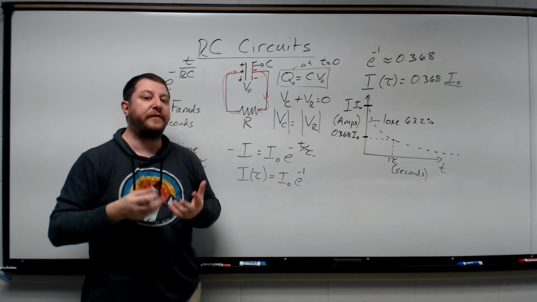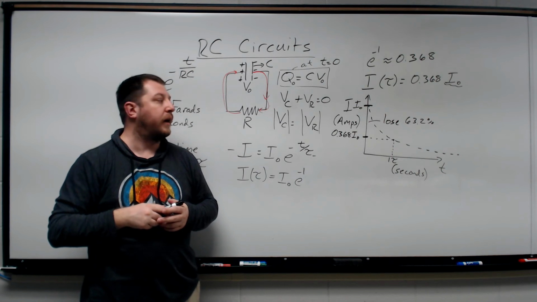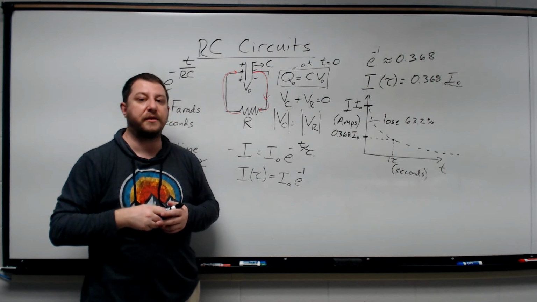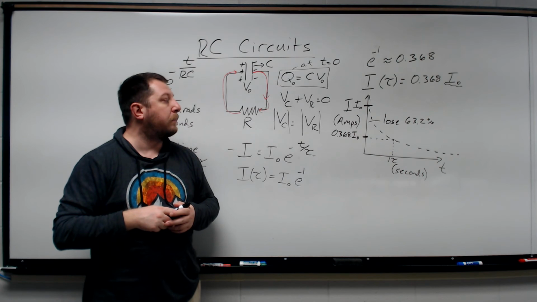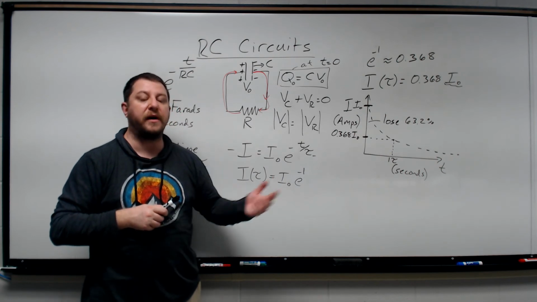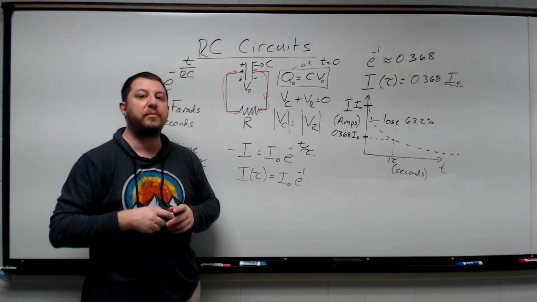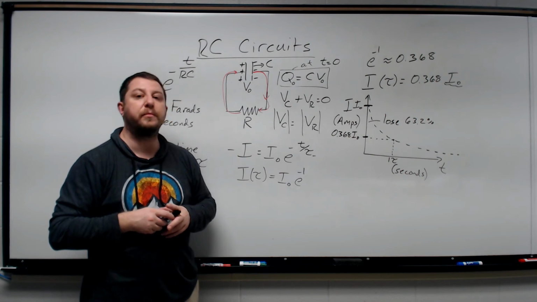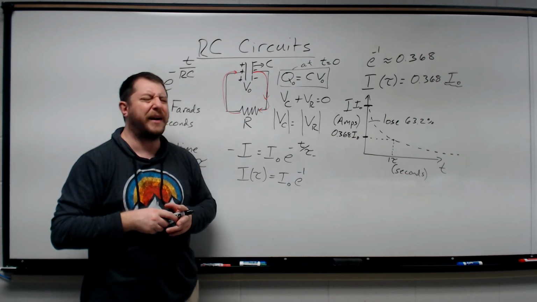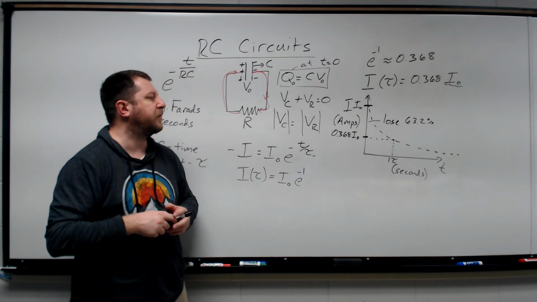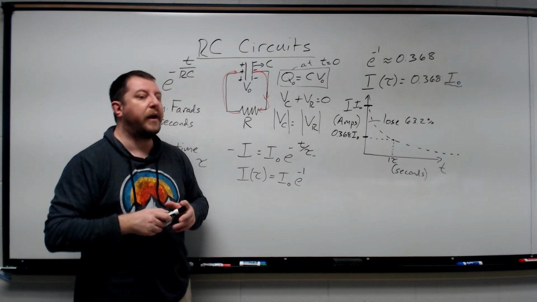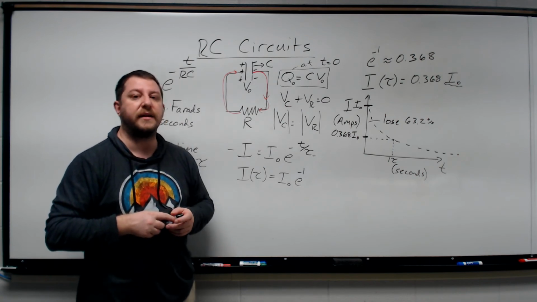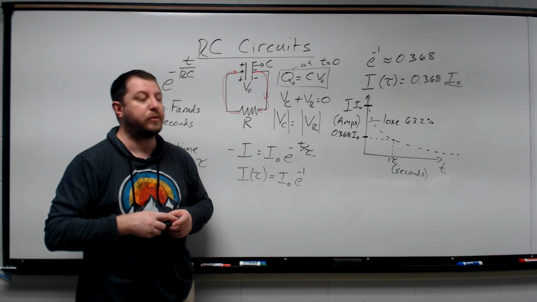Practically, after 5 time constants, you can definitely call your capacitor discharged. After 5 time constants, you're over 99% discharged. 3 time constants gets you comfortably over 90%. It might even be closer to 95. I'd have to go back and look again. But 5 time constants is close to 99%.